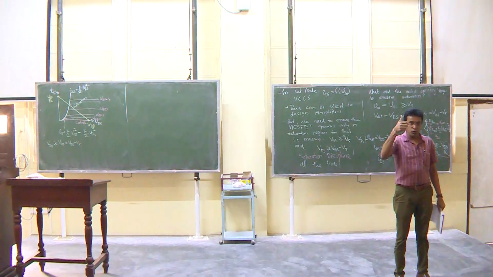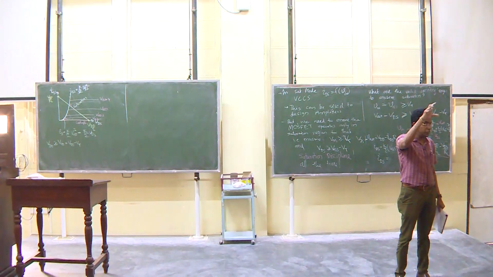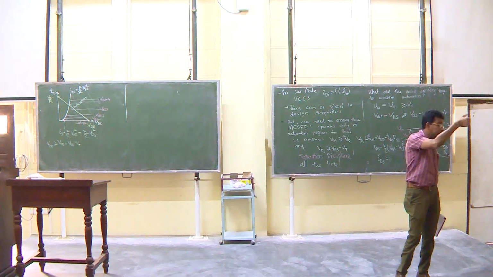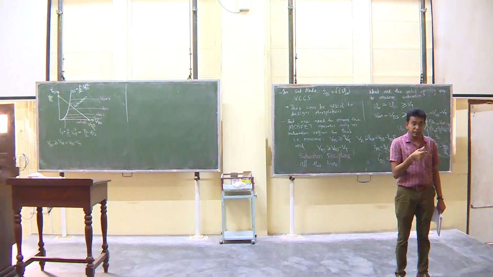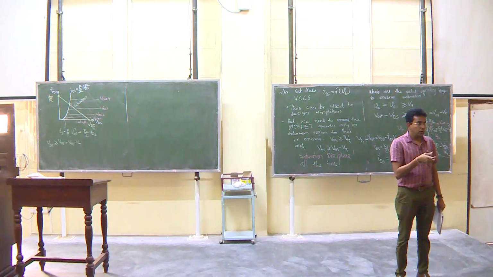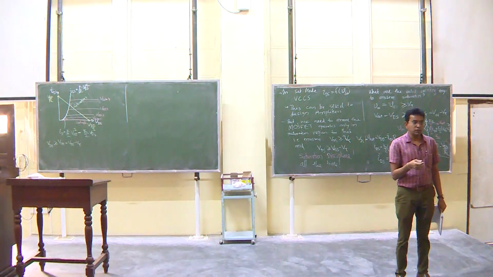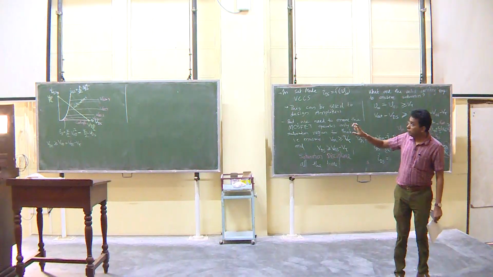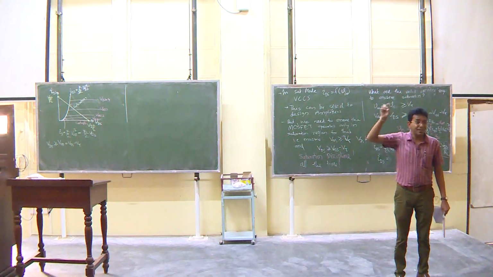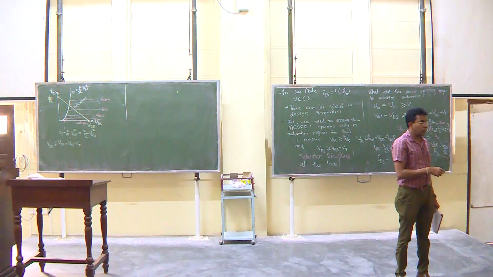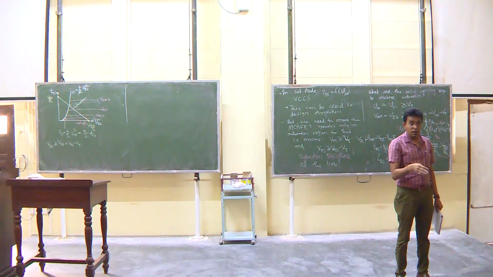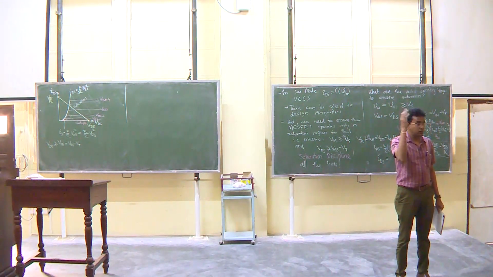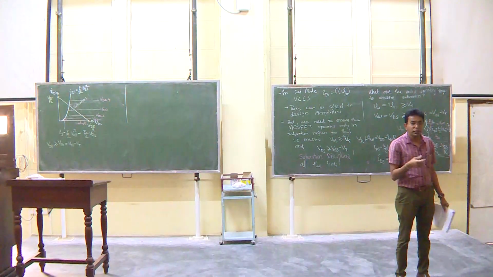It depends on the supply voltage VDD. It depends on the external resistor that I have connected here, RL, and the current flowing in it. It doesn't give you anything about the transistor, right? Whether your transistor has some K value or not, it doesn't matter.